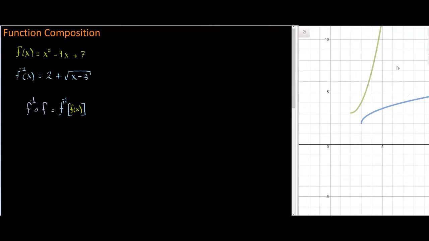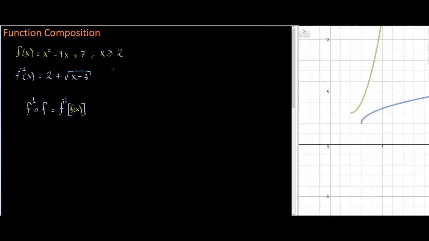Here on the right, I have already plotted the graph of f of x, which is the green one. We just have to add, of course, the restriction, which is x greater or equal than 2. And here is the inverse in blue, which is 2 plus the square root of x minus 3.